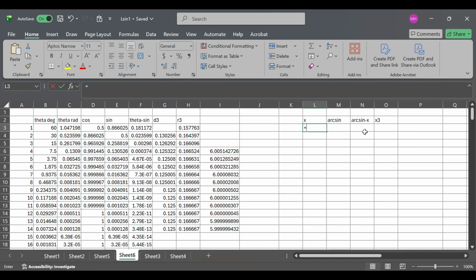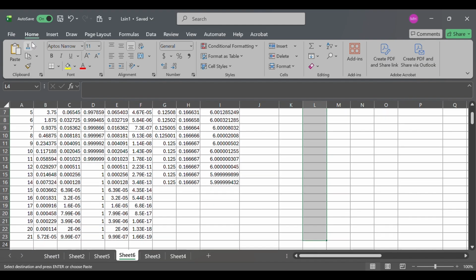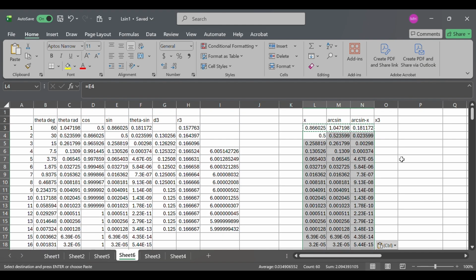Okay, now let's do arcsine. It's basically the same calculation because we're just going to call x is sine and arcsine is theta, and arcsine minus x is the same as theta minus sine of theta. So that process is declining by a factor of 8 each time, so it's a third order process.